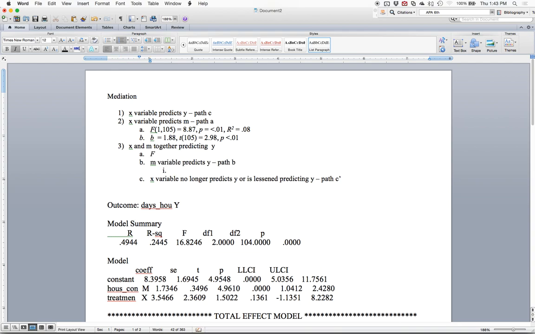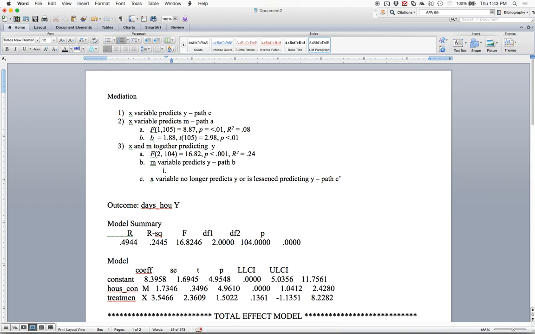So both of them together are a significant predictor of days housed. So it's F(2, 104) = 16.82, P is less than 0.01, and then our R squared, cheat here and copy, is 24%. So a big effect size.